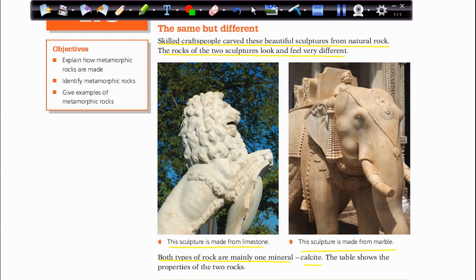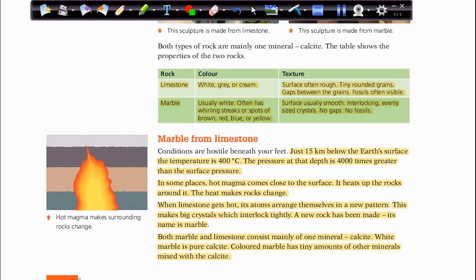You can find this calcite mainly in these two kinds, they have this calcite inside them. The table shows the properties of the two rocks. We have here limestone and the marble. What are the differences between them? But mainly they are formed from calcite.